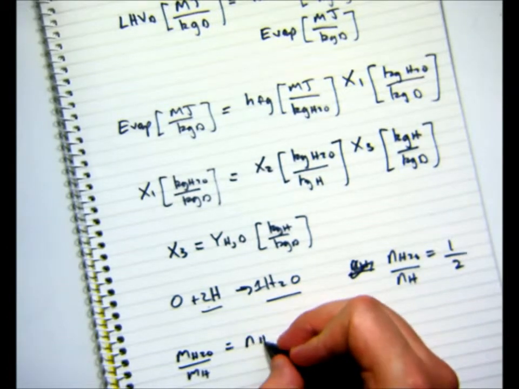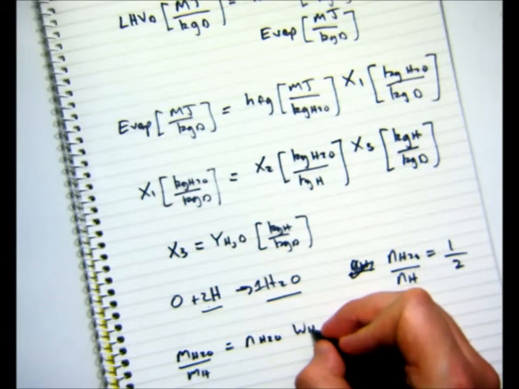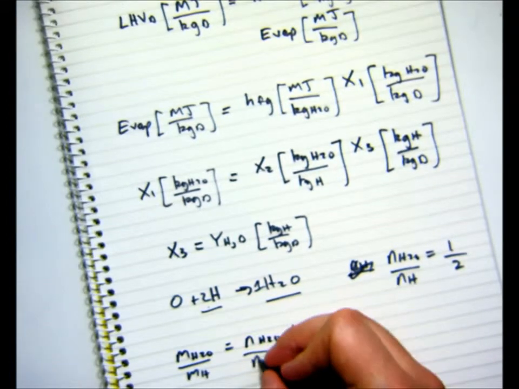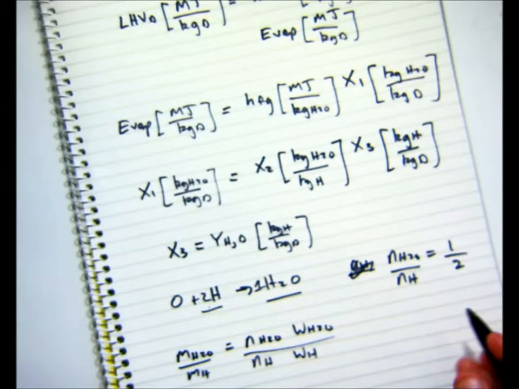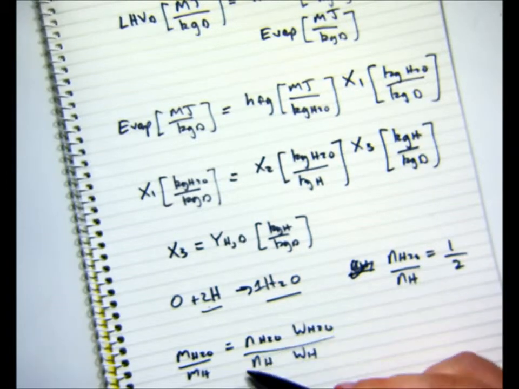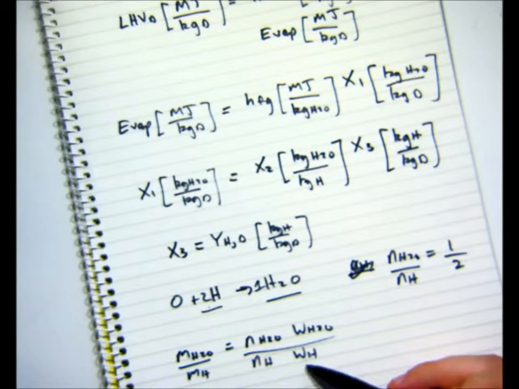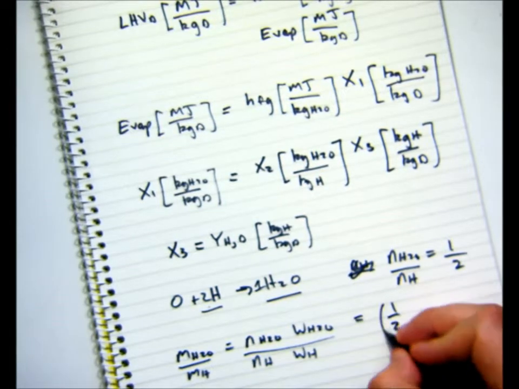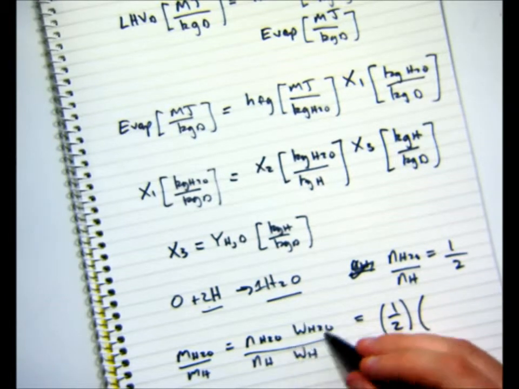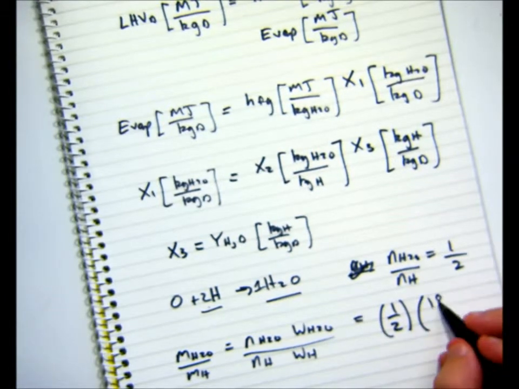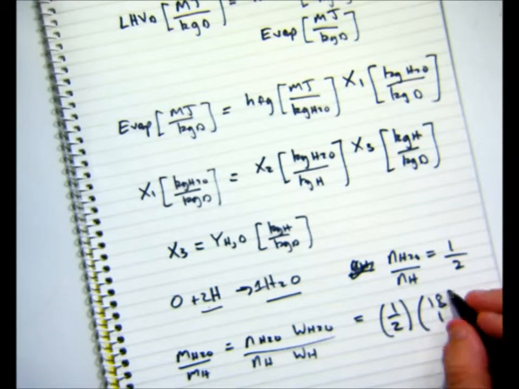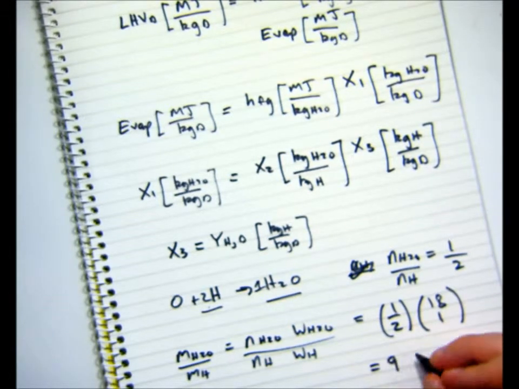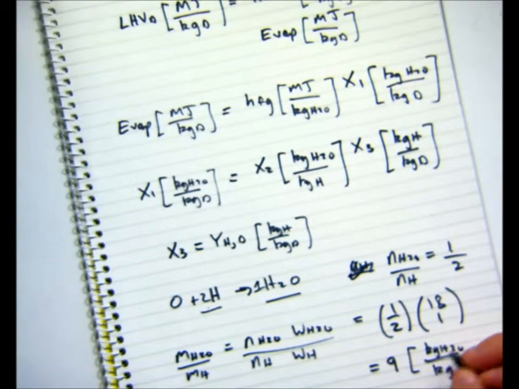So this is just N H2O, W H2O, over N H, W H. So we've already determined what this ratio is, and we can figure out easily this ratio. So this is 1 on 2 by molecular weight of this will be 18, molecular weight of this will be 1. So we see the answer is 9, and the units are kilogram H2O per kilogram H.